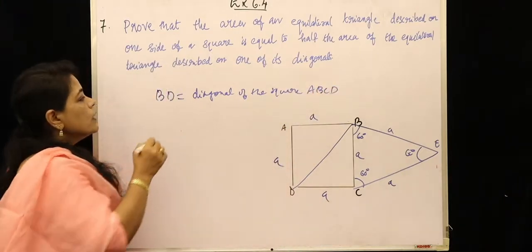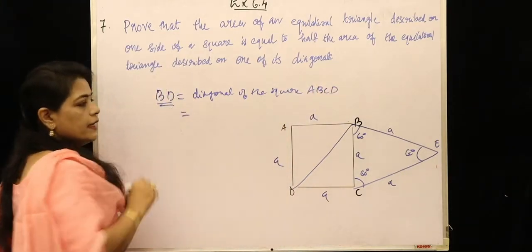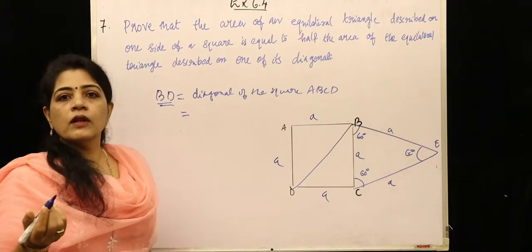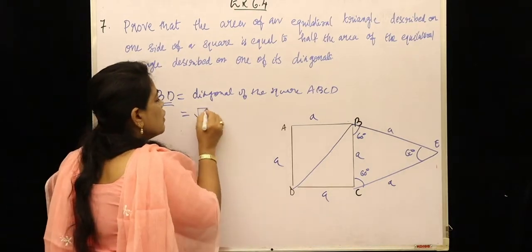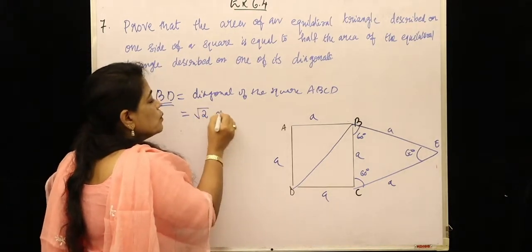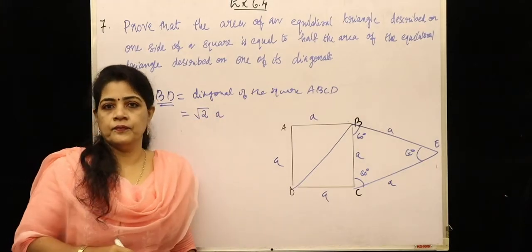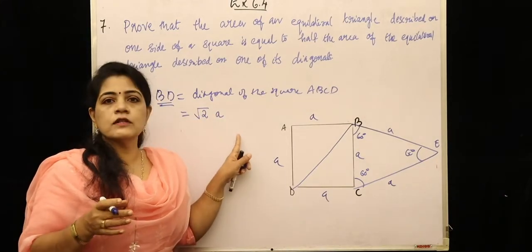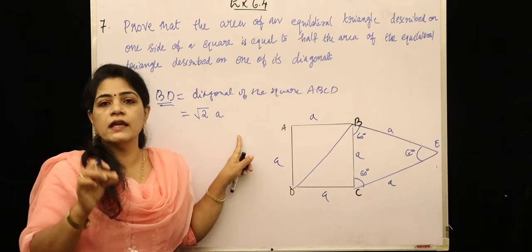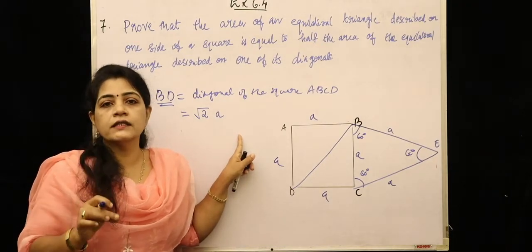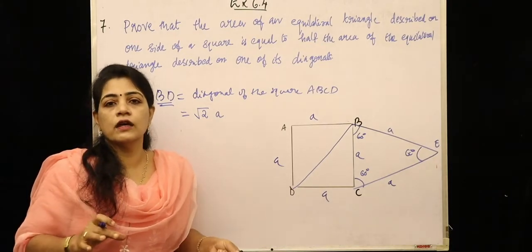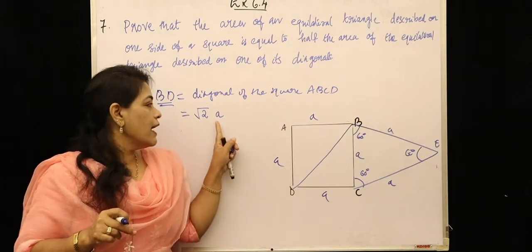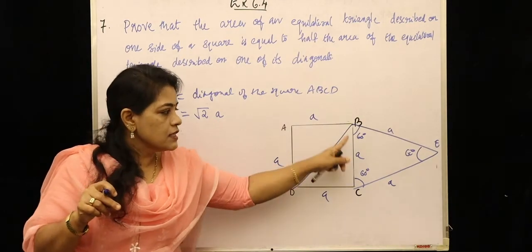ABCD. What is the length of BD? By formula we know that it is root 2 a. This a is free from the square root, so root 2 a is the formula to get the diagonal of the square with side a. Here a denotes the side because this is 90 degree.